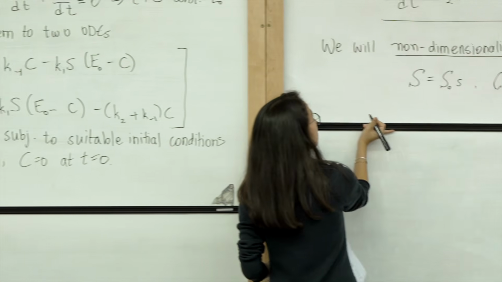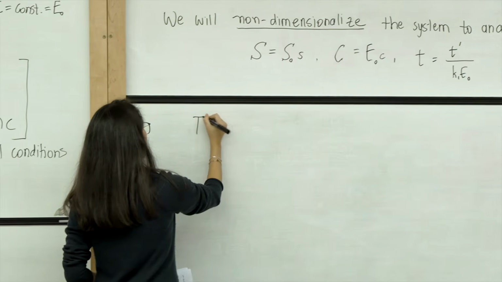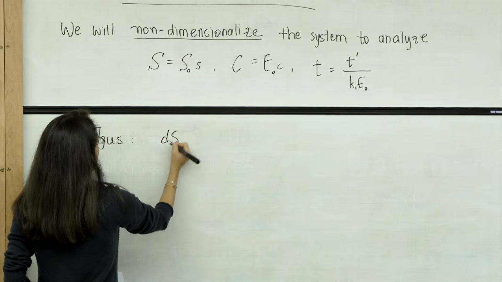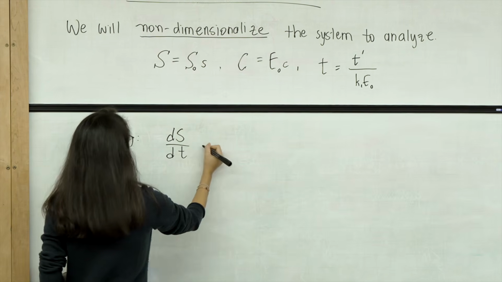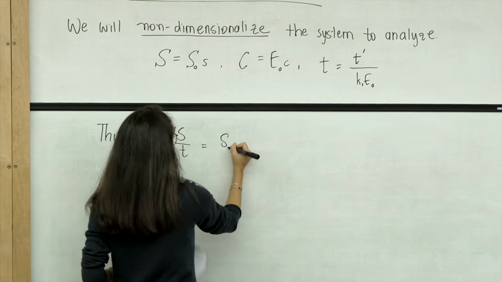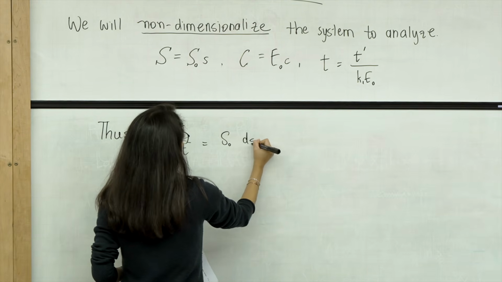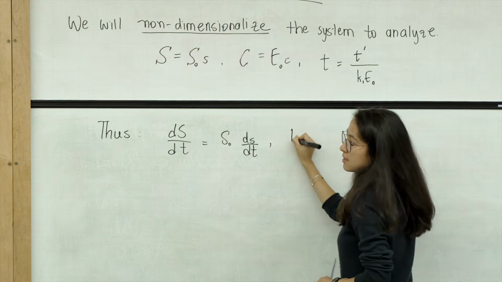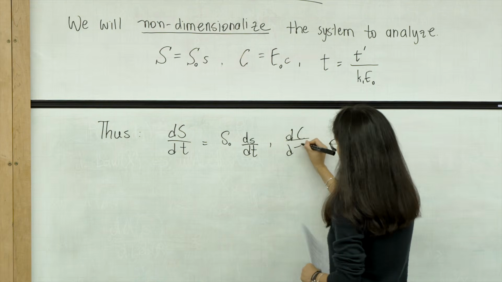So I have to use the following procedure. If I want to rewrite this, it is the same as using this equation over here, this one with little s now. And similarly, you can write down dC/dt.